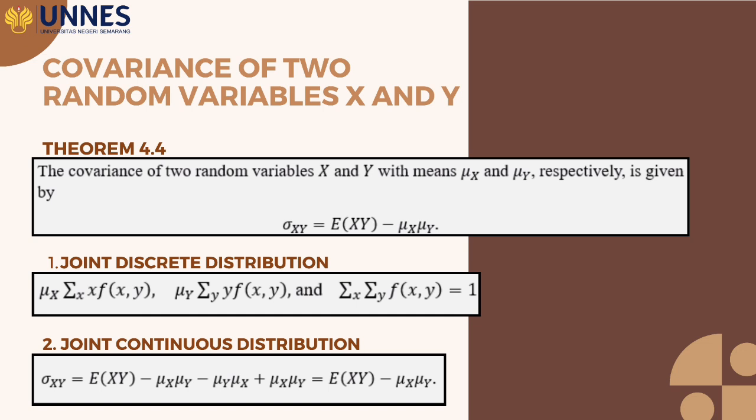First, for a joint discrete distribution, we have mu x equal sum of x f(x,y), mu y equal sum of y f(x,y), and the sum of f(x,y) must be 1. Second, for a joint continuous distribution, we have sigma xy equal E[XY] minus mu x mu y minus mu y mu x plus mu x mu y equal E[XY] minus mu x mu y.